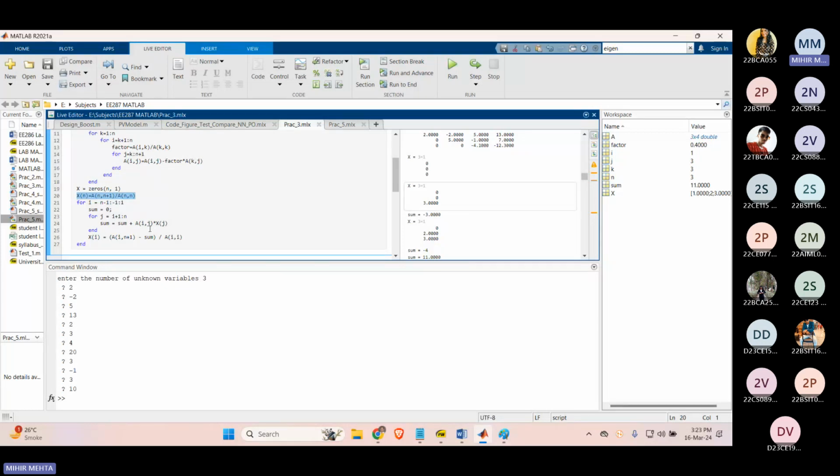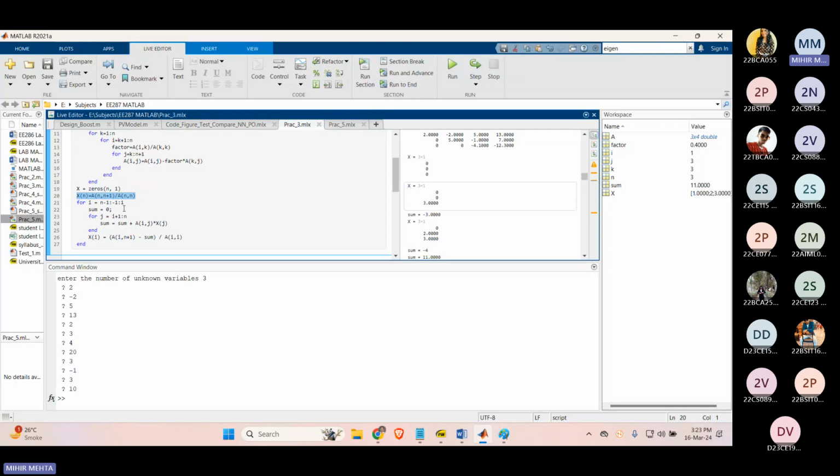So that is what I've done in terms of my loop. For i is equal to n minus 1 colon minus 1 colon 1, I am moving from n minus 1 to 1 with a decremental step of 1.